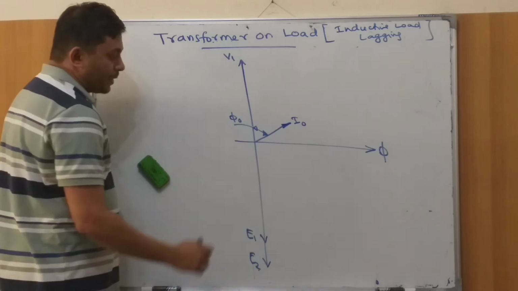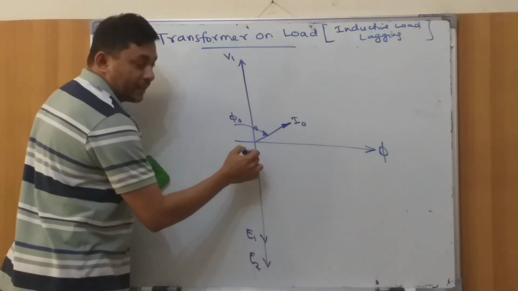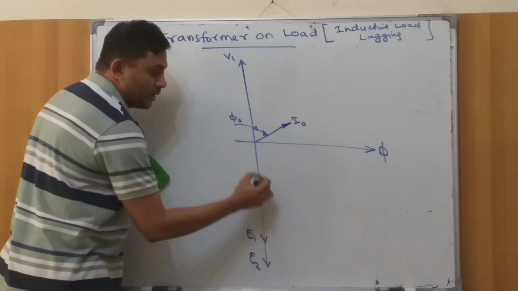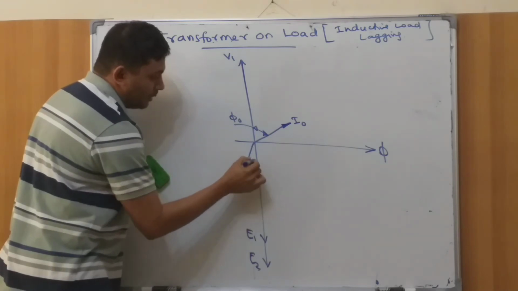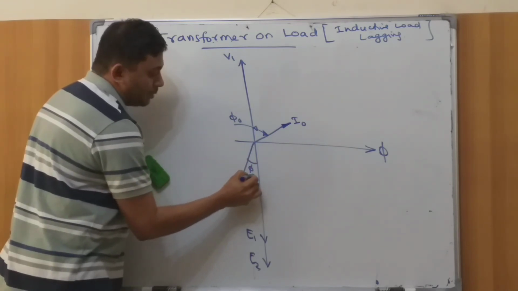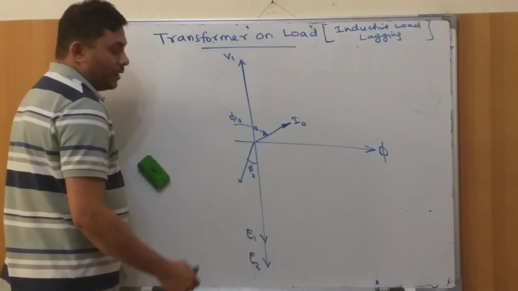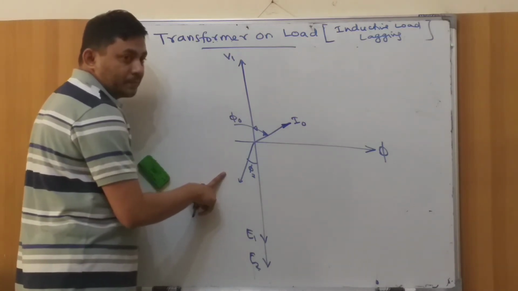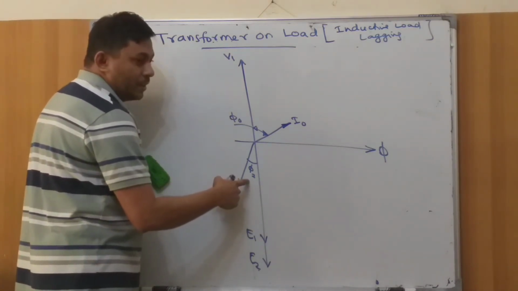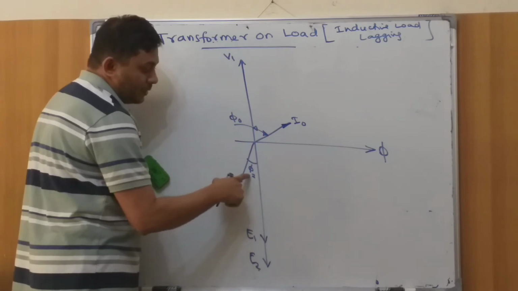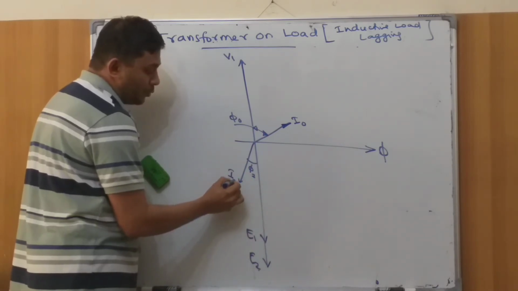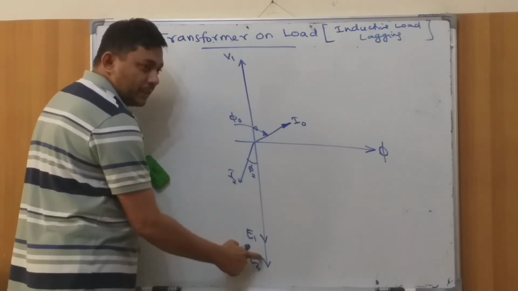Now the lagging. So I am going to mark lagging here. Normally it was here, right? UPF. Lagging is supposed to be with an angle, and this angle is phi 2, which is the load power factor reflecting in the secondary. That's why this angle is phi 2. Phi 2 is the angle between I2 with respect to E2 or V2.